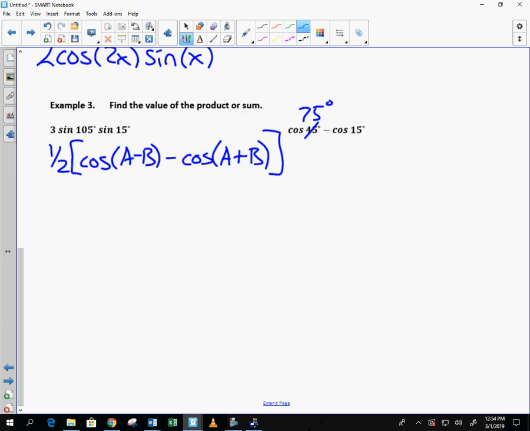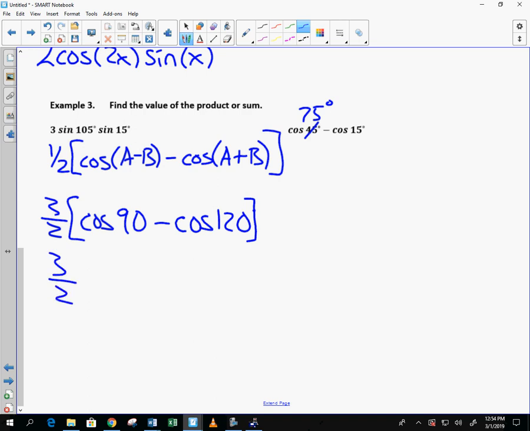What's a minus b? 90. And I have to multiply it by 3, so I have 3/2 times the cosine of 90 minus, what's a plus b? 120. So cosine of 120. Can somebody tell me what's the exact value of cosine of 90 degrees? 0. Nice job. So 0 minus cosine of 120.